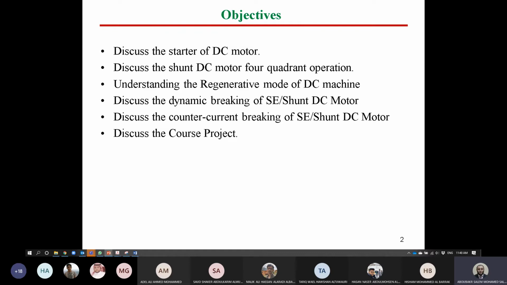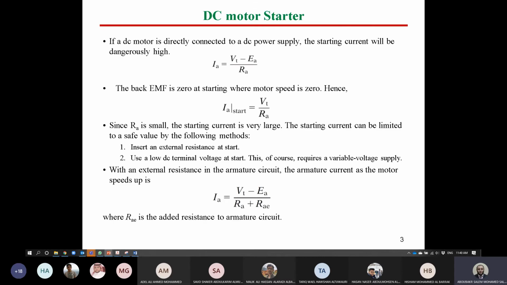So we'll discuss the DC shunt motor 4-quadrant operation, and also regenerative braking, dynamic braking, counter current braking, and finally, inshallah, by the end of the topics, we will discuss the course projects. This will be discussed during the next 2 classes. We will start today with the starter of the DC motor, and we will continue next class.